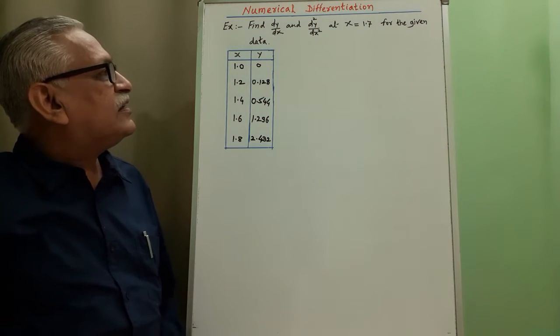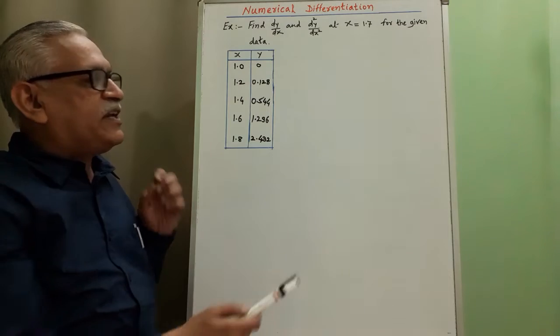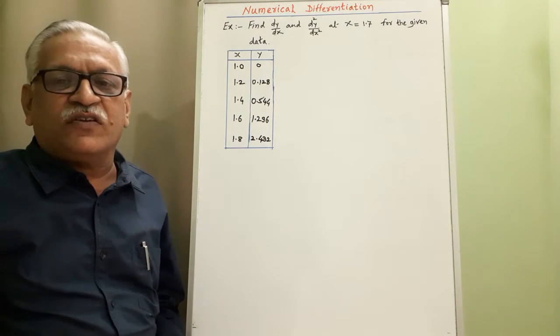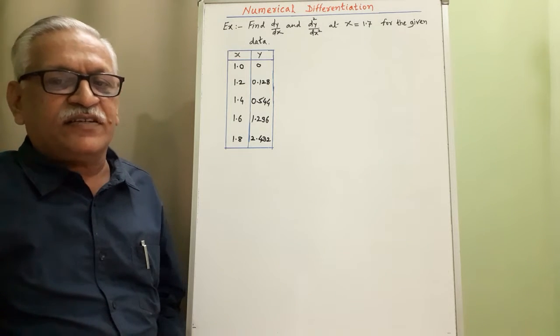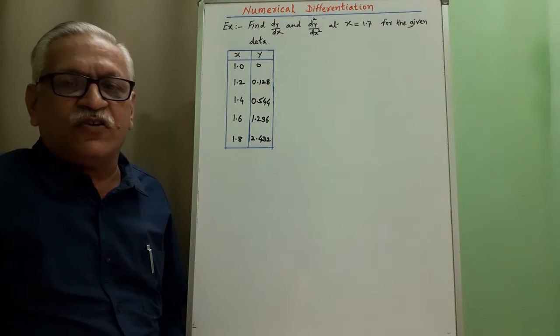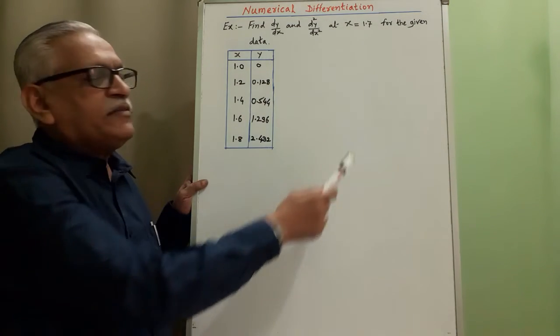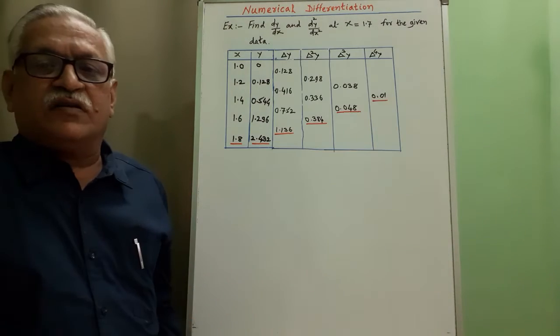To find this dy by dx and d2y by dx square, I will perform in two parts. In the first part, I will calculate the value of dy by dx, and in the second part, I will calculate the value of d2y by dx square. For that, first of all, I will prepare the forward difference table.